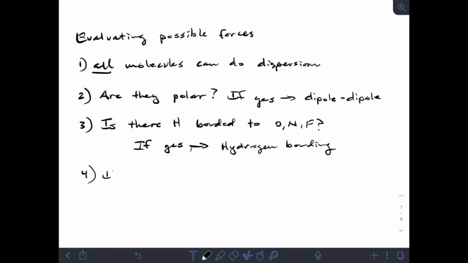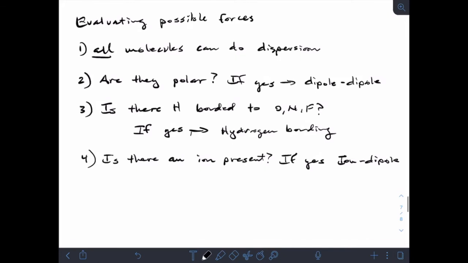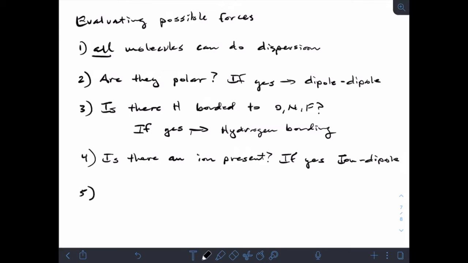So next question to ask, is there an ion present? If yes, you can do ion dipole. Right? And lastly, are there multiple ions present? If yes, ionic bonding.